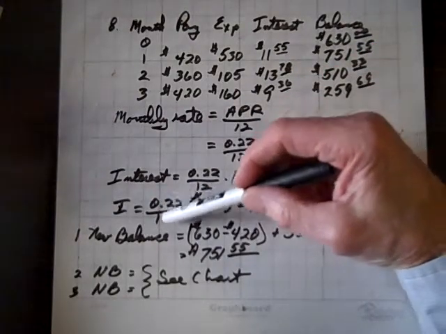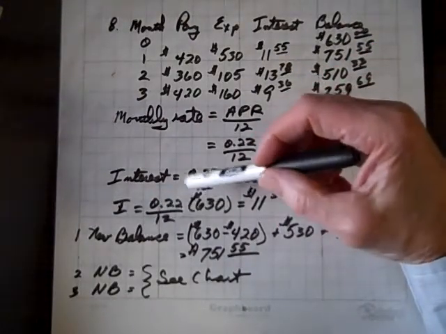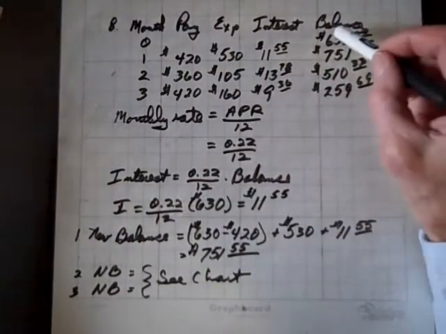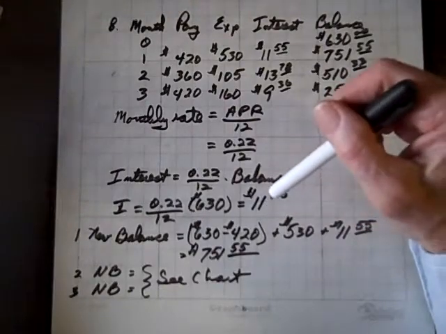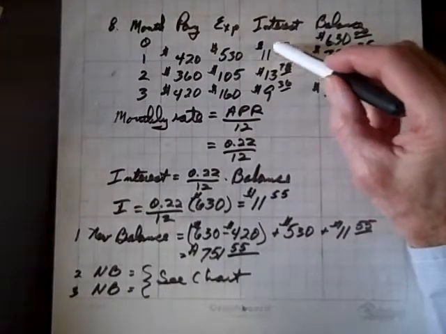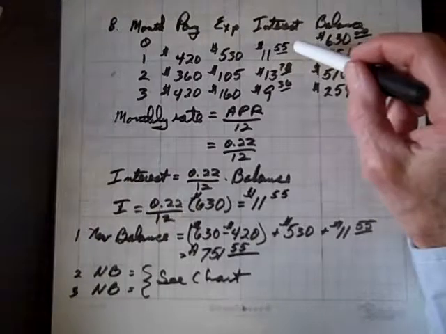So 0.22 divided by 12, there's our monthly rate, times $630, that was our balance above, and we get $11.55. So that's the interest we're going to pay for that month.